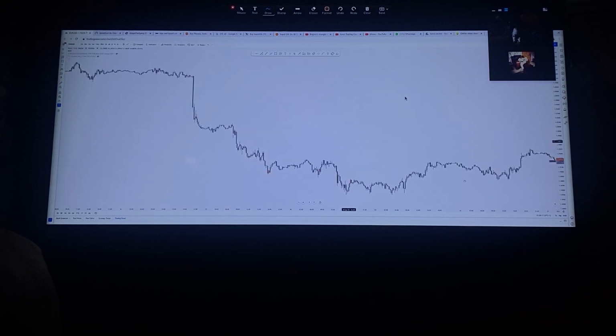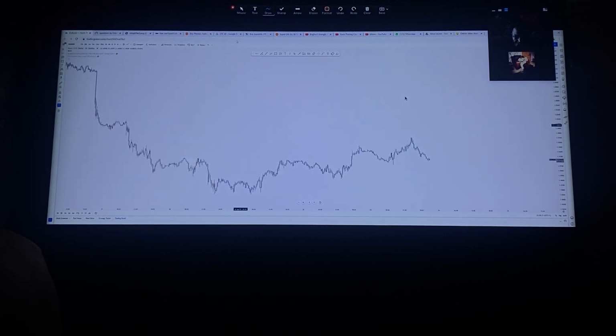Now look at this here. What do you have from the top here? You have lower low, lower high, lower low, lower high, lower low, lower high, lower low, lower high, lower low, lower high, lower low, right? Yep.